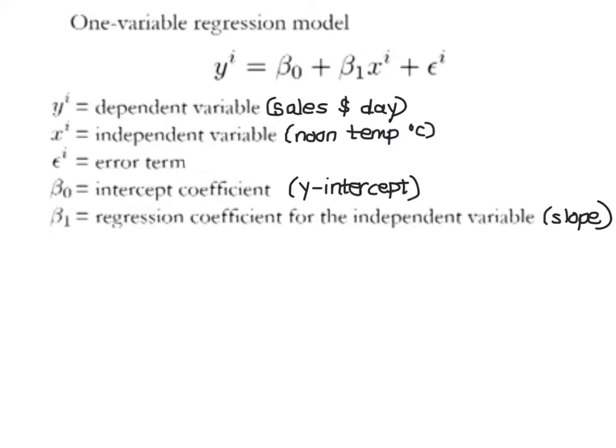Since our best line of fit is a straight line, we can think of it as the equation for a line, y is equal to mx plus b, where m is our slope and b is our y-intercept. In this case, when we say y sub i, we are referring to the ith observation or data point. So this subscript i tells us which data point we're referring to.